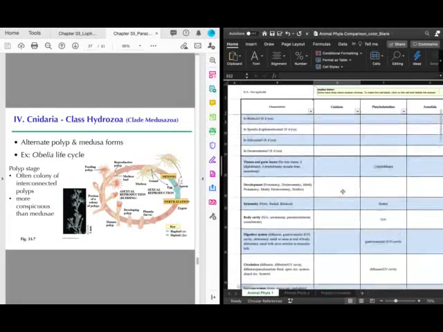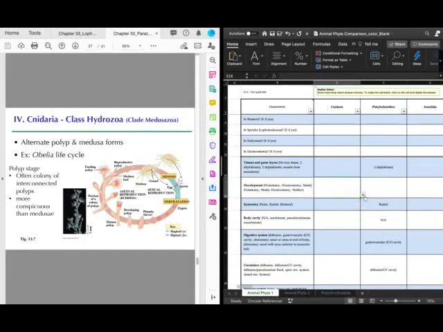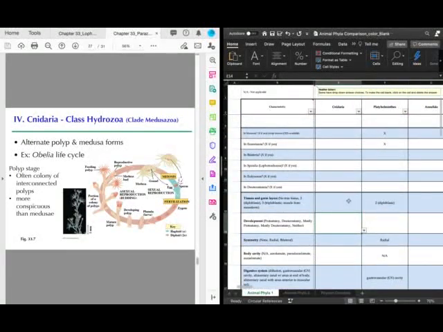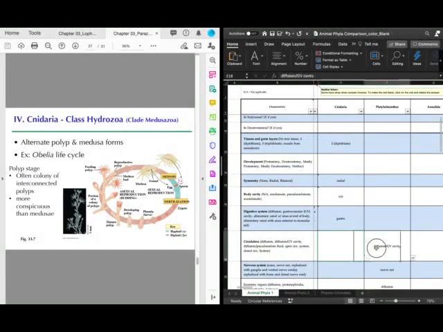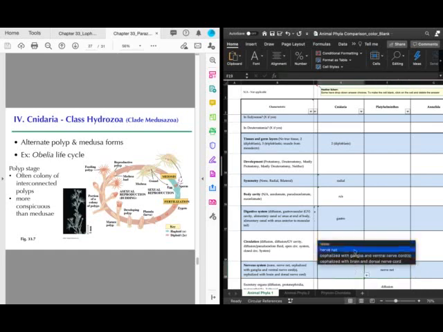Let's see. Development, you don't know that. I didn't tell you. So that's on me to tell you that. But okay. And then of course I have to move these over since I messed that up. That's kind of how I do it.